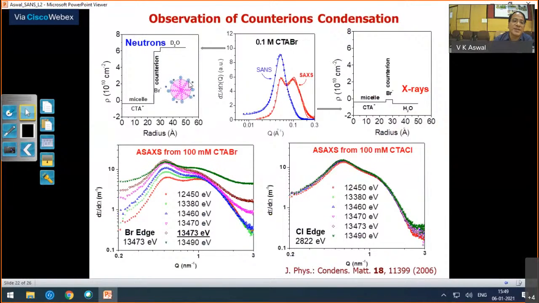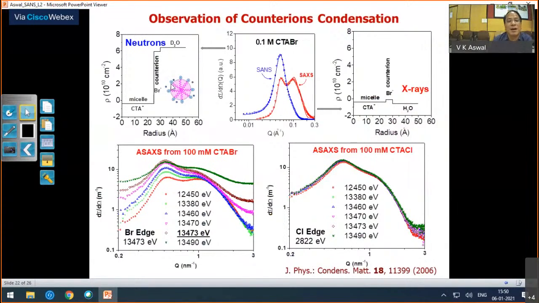When you have these micelles formed, they will have charges at the surface, and unlike NaCl where both sodium and chloride are dissociated, since these positive ions are at the surface, they will attract these counterions. The final property of this structure will be decided by how many of these counterions are condensed, because these macroions can attract these small counterions.